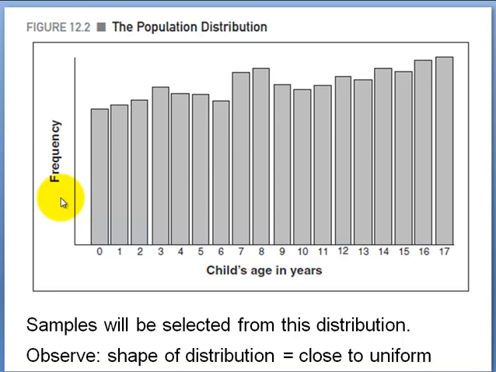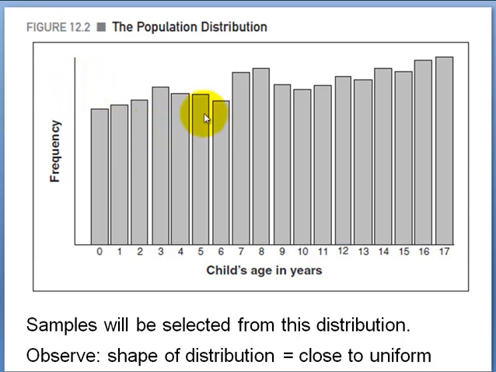Now, let me make one further point. The shape of this distribution connects to the third point of the central limit theorem, which is that the shape of the sampling distribution will approach normality as sample size increases.